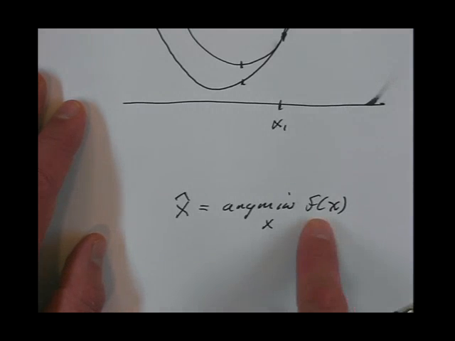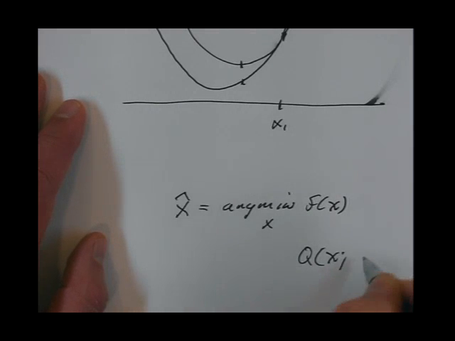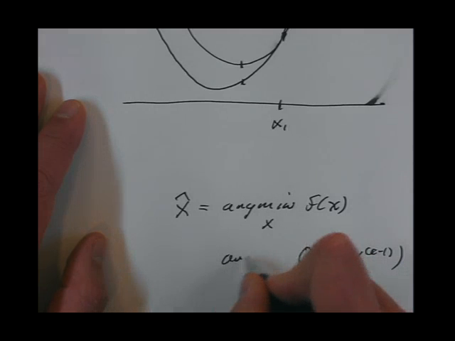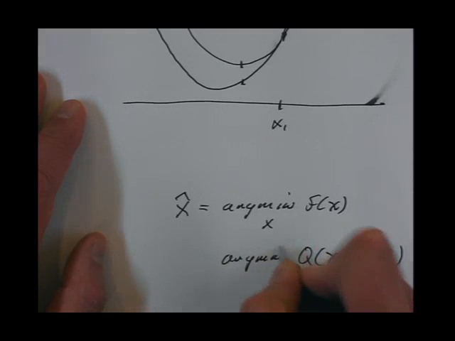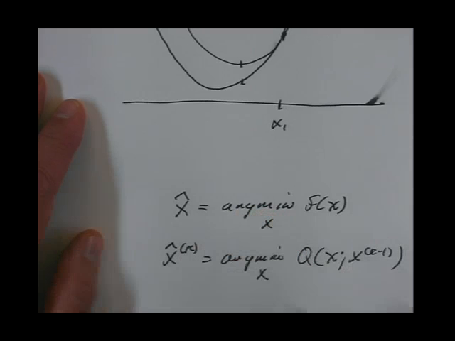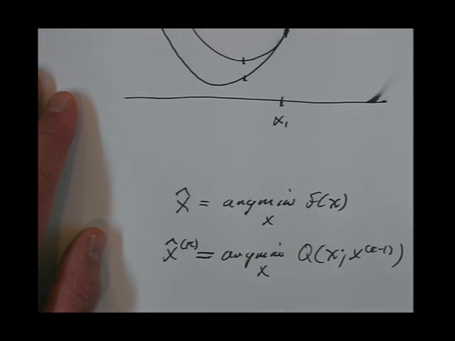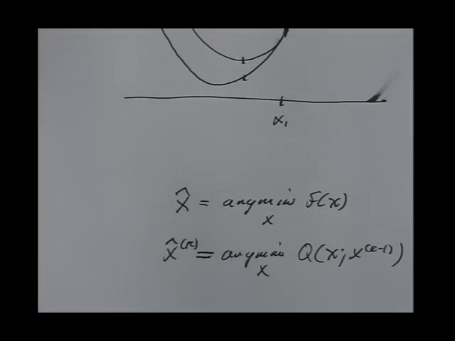The problem is that f might be a complicated function and you don't know how to solve it. So instead you find this thing q of x, semicolon x_{k-1}, and you minimize with respect to x, and that produces the next value of x_k. And then you just repeat. Okay, and then this will converge, or at least it'll converge to a local minimum of that.